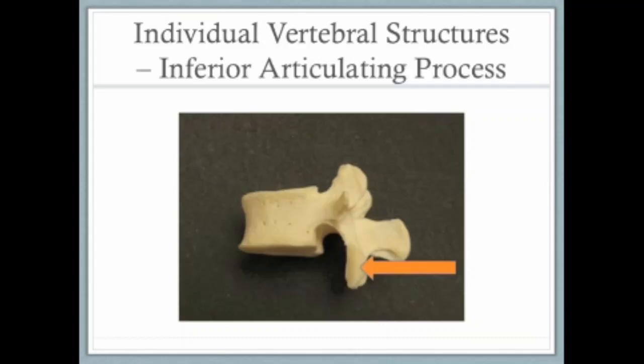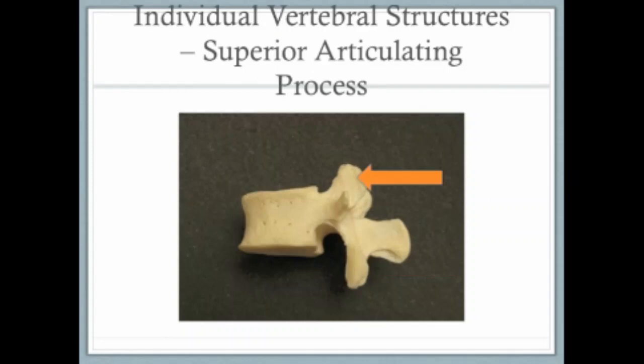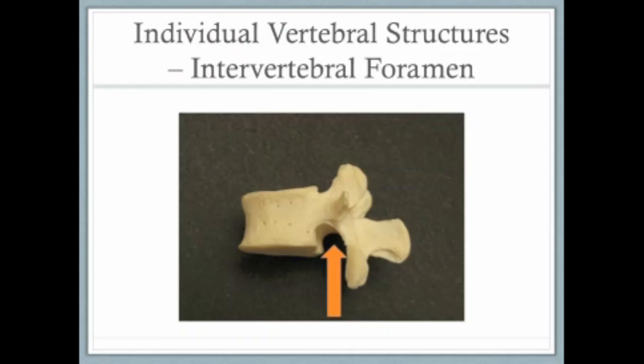The inferior articulating process allow the vertebrae above to articulate with the vertebrae below. On the opposite side, the superior articulating processes allow the vertebrae below to articulate with the vertebrae above. In between vertebrae, you find the intervertebral foramen, which allow the passageway of the spinal nerves.